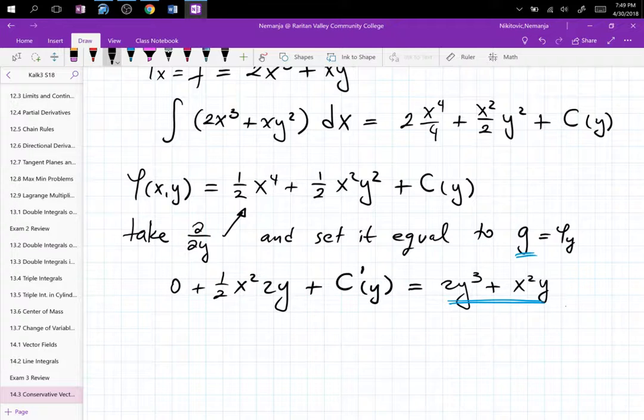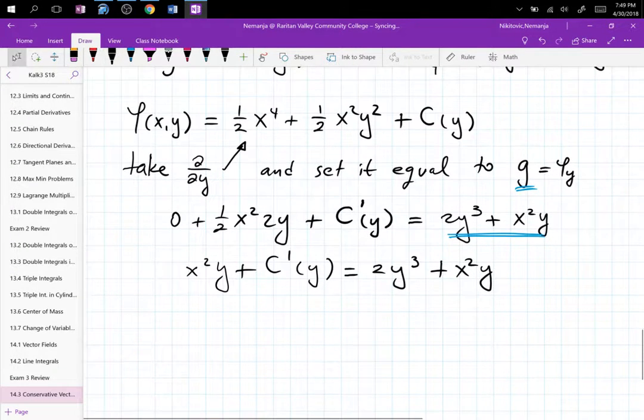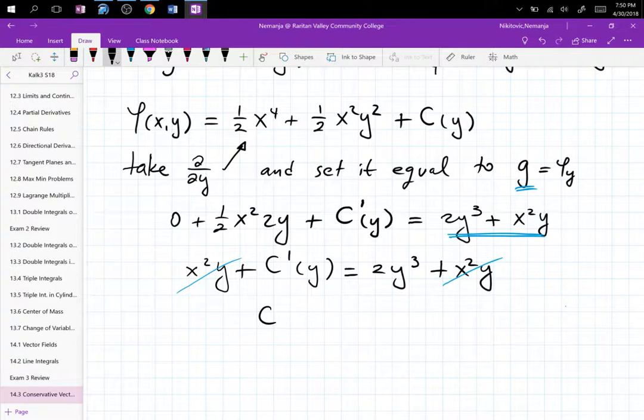Now, what I have is that x squared y plus c prime of y is equal to 2y cubed plus x squared y. Right? These terms drop, and now all I have to solve is that c prime of y is equal to 2y cubed.